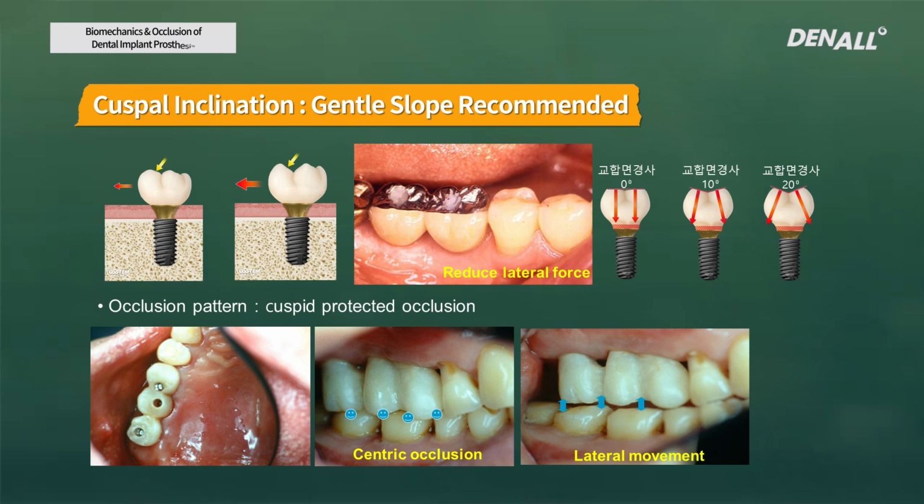As shown on the image, in centric occlusion, it is in contact, but during lateral movement, there's disclusion. In other words, when there's a lateral movement, if the antagonistic cusp is in contact with the implant prosthesis, there can be bending movement. Therefore, we need to prevent that.